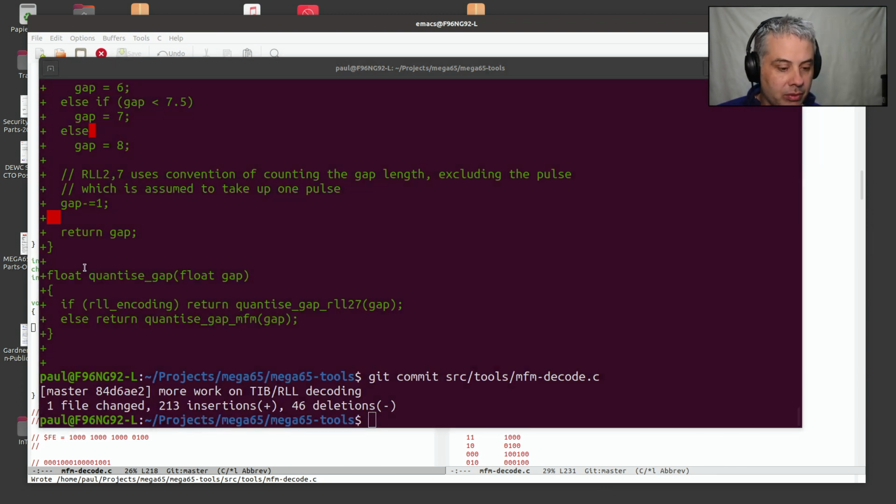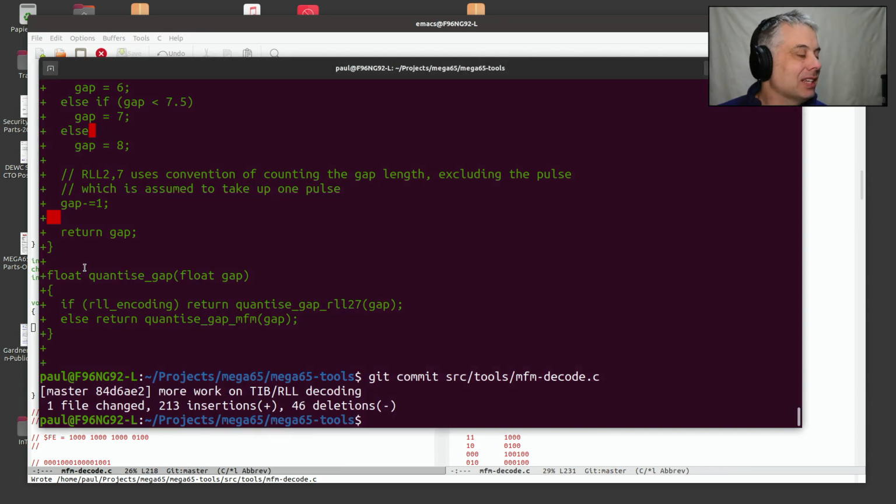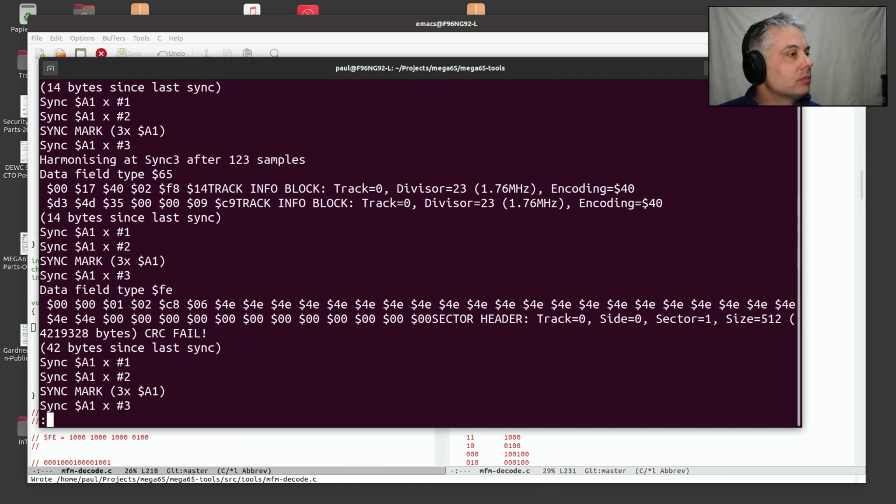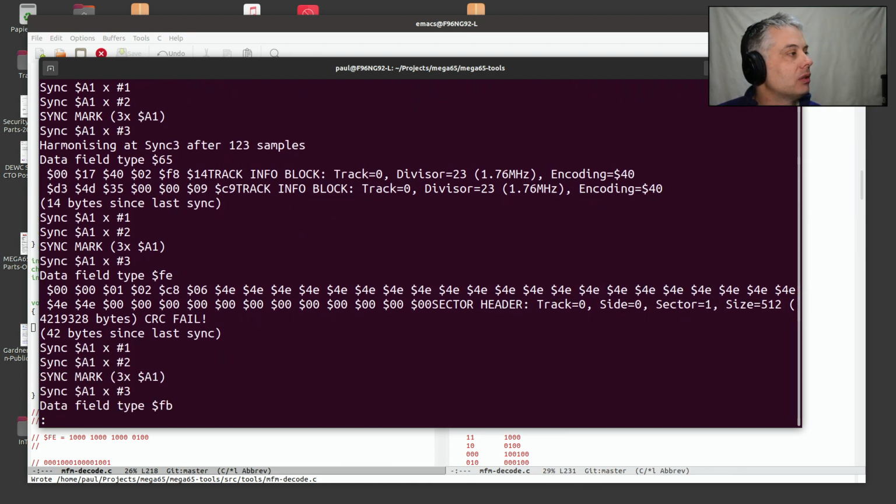So I'm getting more excited now. So the question is, how have I stuffed up the CRC? Because we have our sector header here.